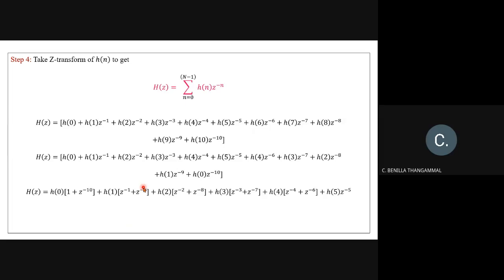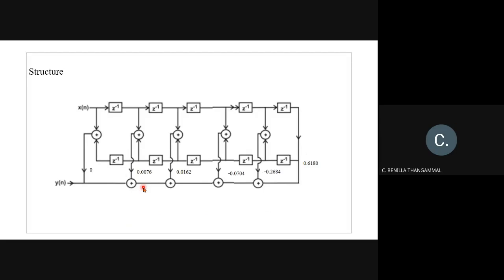So you can commonly pair them and then substitute your filter coefficients, and you'll get your H of z. The next step is to draw the structure. Since your number of samples is 11, 0 to 10, there are 10 delays. The upper part has 5 delays, the lower part has 5 delays, and then the corresponding coefficients are placed.